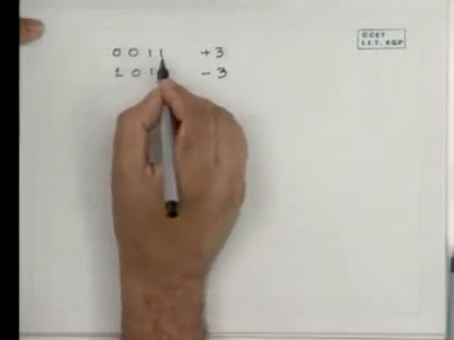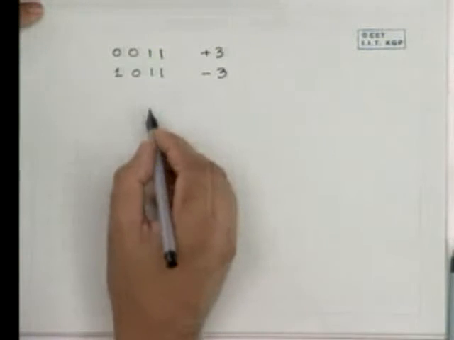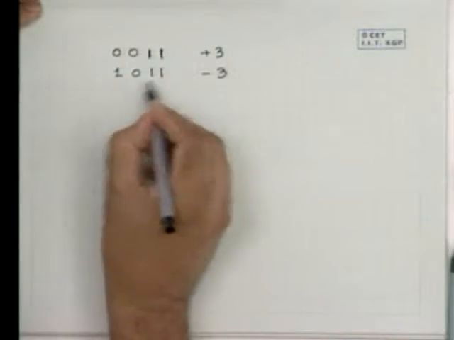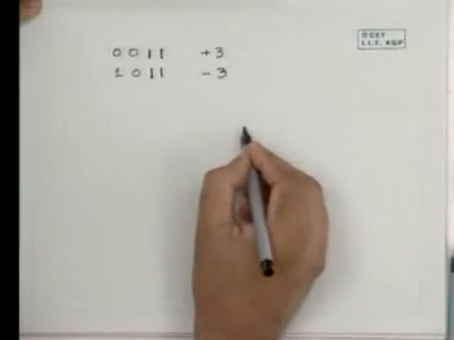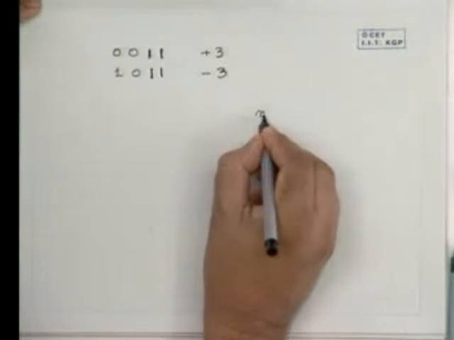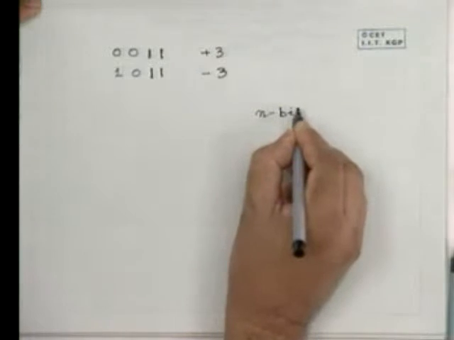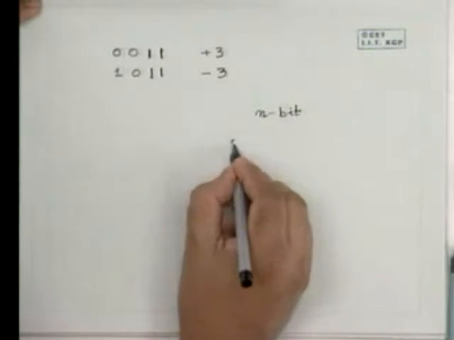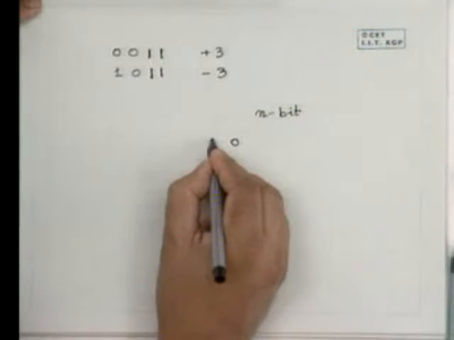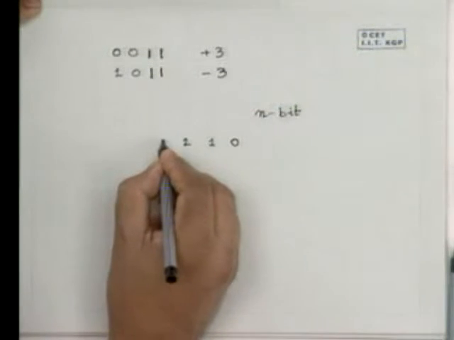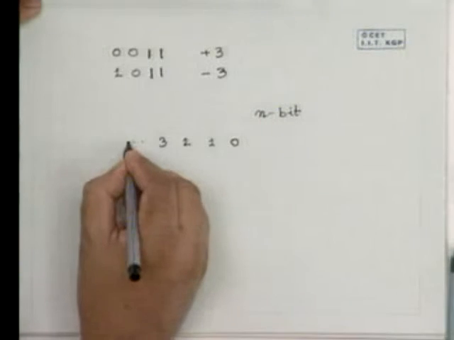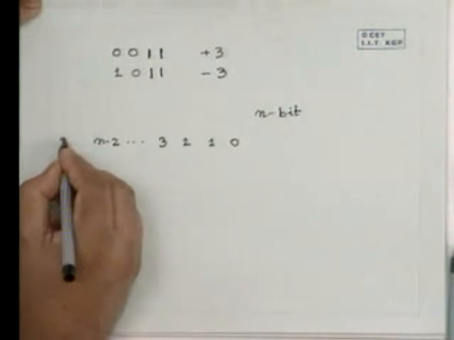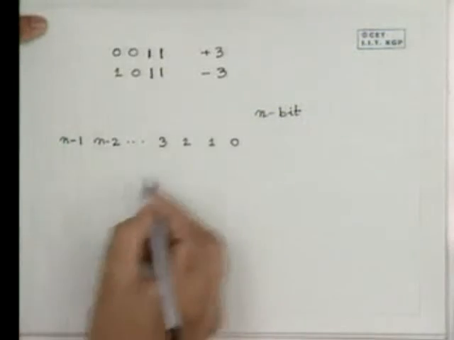Just to have the representation clear, we'll take this form: if we have an n-bit number, this is a convention. This one is the 0th bit. This is the first bit. This is the second bit. This is the third bit, and so on. This is the n minus second bit. This is the n minus first bit, and these are the n bits.